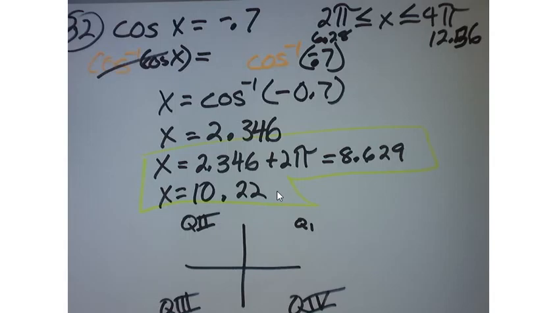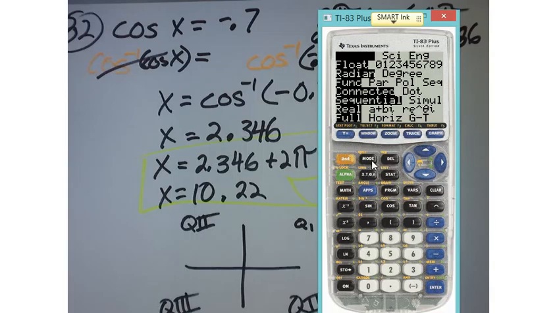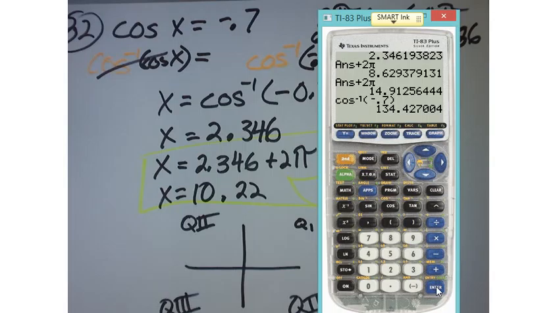Now that's not quite pi, but where would that live? What is that in degrees? If I go to mode, change this down to degrees, and then come back and hit arc cos of negative 0.7, it's 134 degrees.